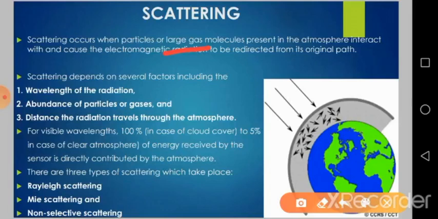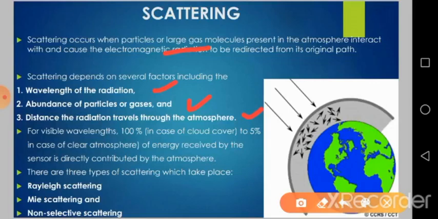Often this scattering depends on three important factors, namely wavelength of the radiation, abundance of these particles or gases in the atmosphere, and distance the radiation travels through the atmosphere. So these are the important factors on which the scattering is dependent.